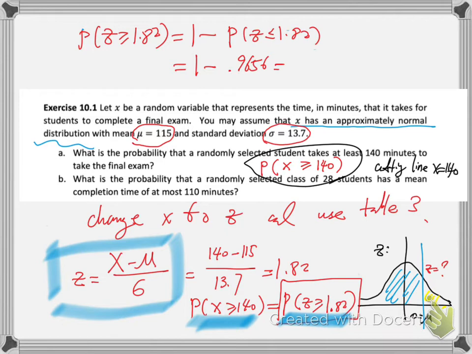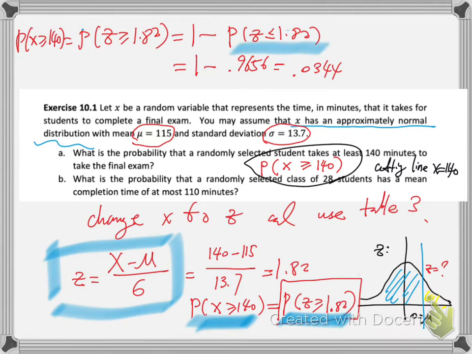We already used this number in the previous example. Let me calculate this subtraction: it's 0.0344. So the answer for X greater than or equal to 140 is 0.0344.